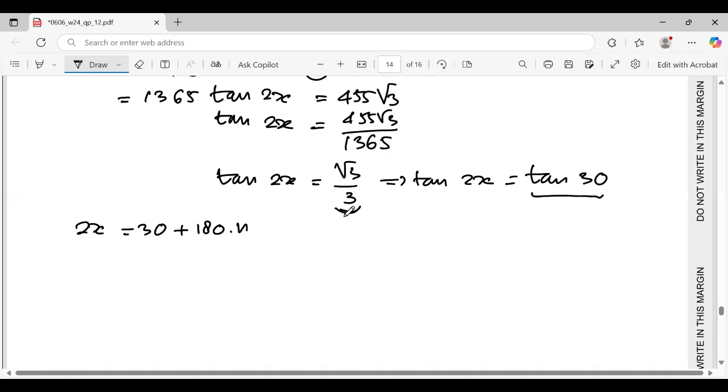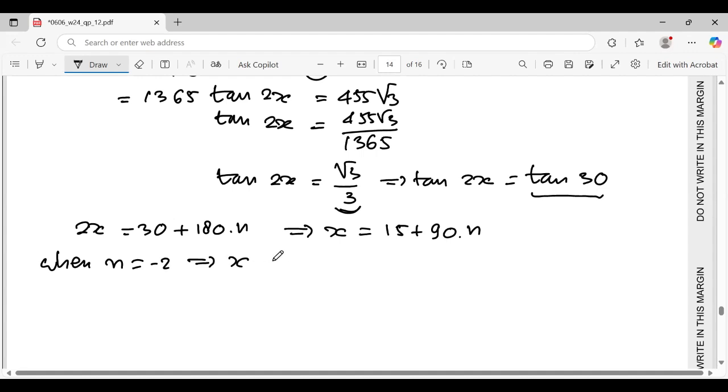in the first quadrant but also in the next quadrant. Okay, let's check one by one. When n equals minus 2, x equals, it is x divided by 2, 15 plus 90 times n, because 30 divided by 2 equals 15, 180 divided by 2 equals 90.